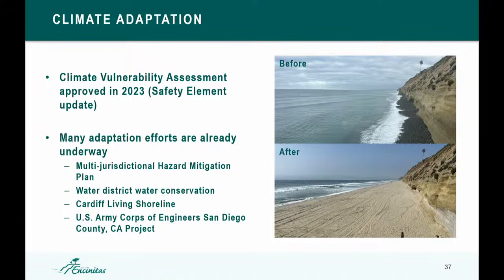The photos that are there show you an example of the Army Corps project that was installed a couple years ago, the before photo with the cobble at the coastline, and then the after photo with the buffering with the sand that was acquired from an offshore borrow site.